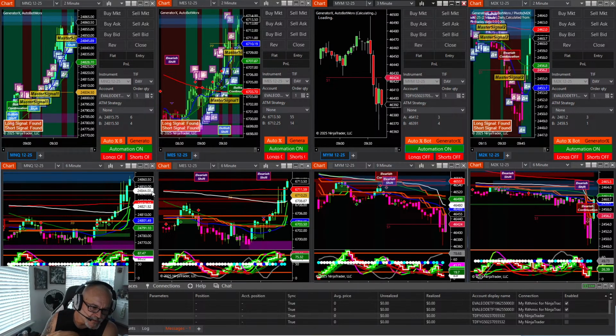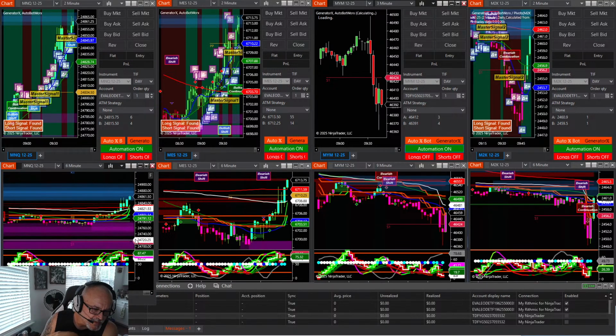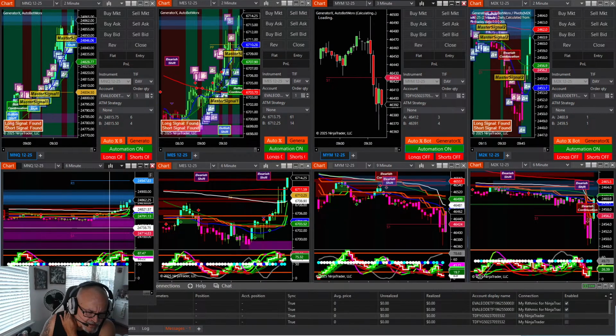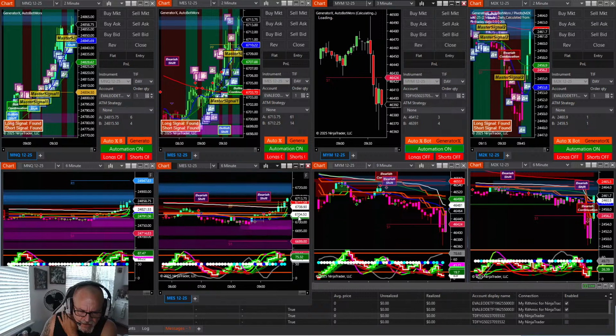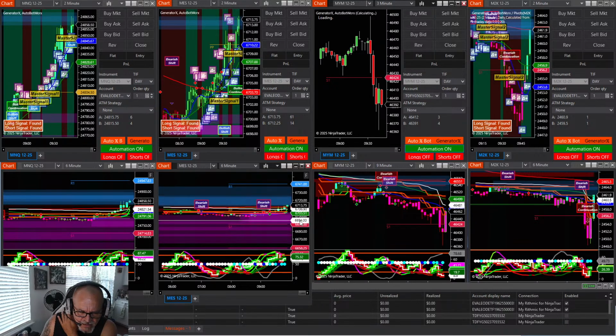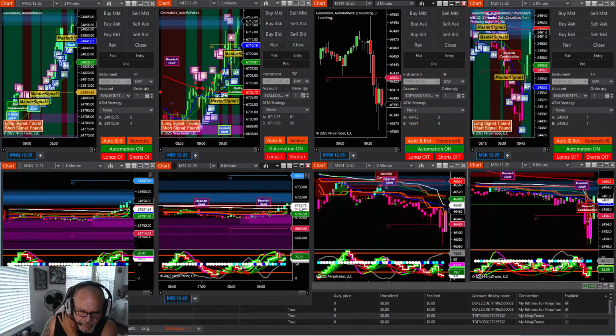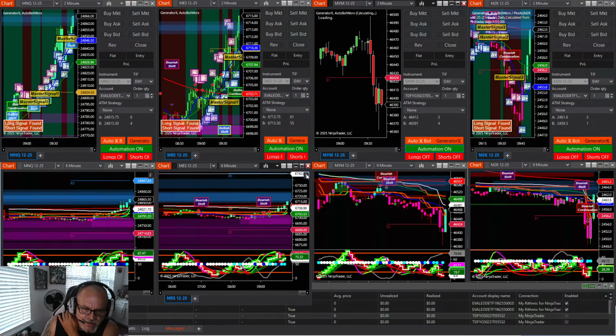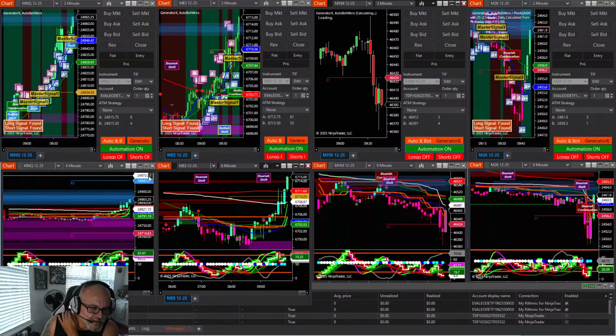What are we going to run into up there? Got some liquidity there. We've got a resistance level at 947 on the NQ. Got that resistance, 67.41 even on the ES.